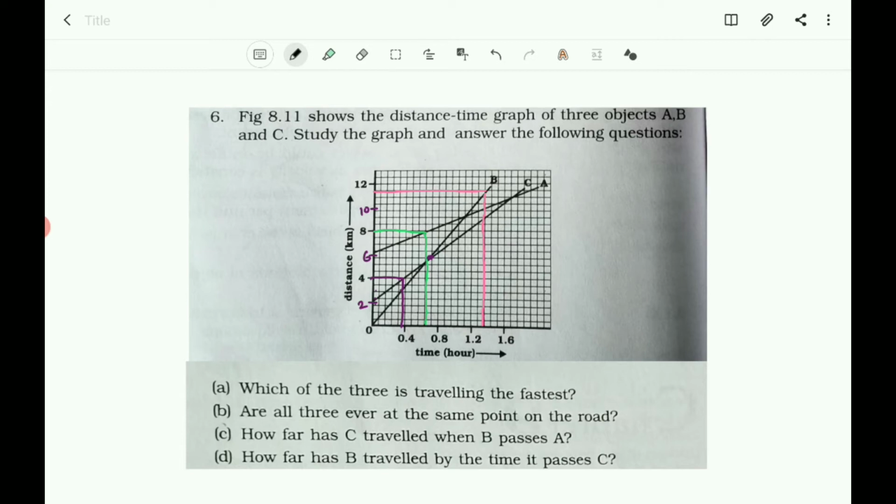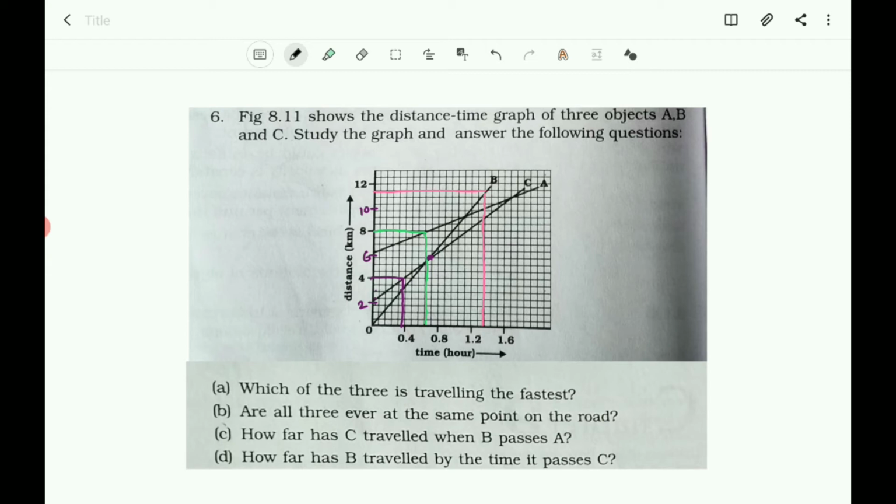Now the answer for the first question, A: which of the three is traveling the fastest? See the slope of the graph here. The object B starts from speed 0 and reaches the maximum distance here. You know that the slope of this graph is maximum.